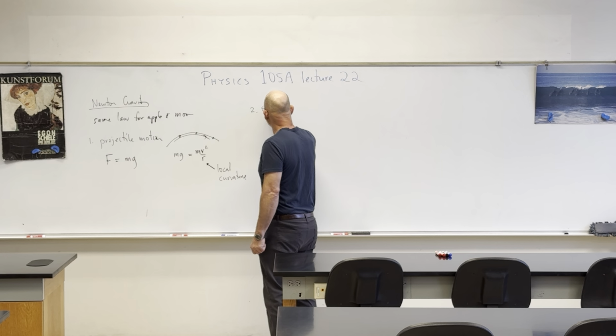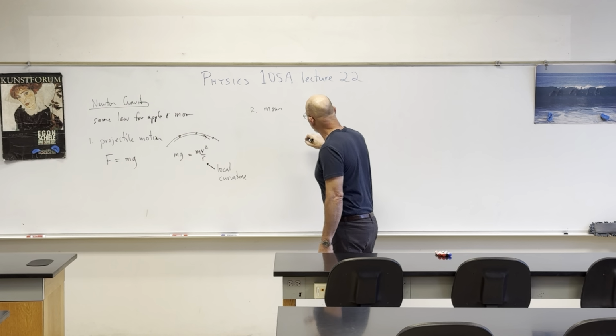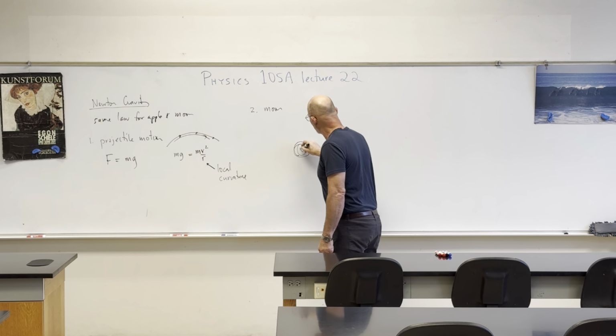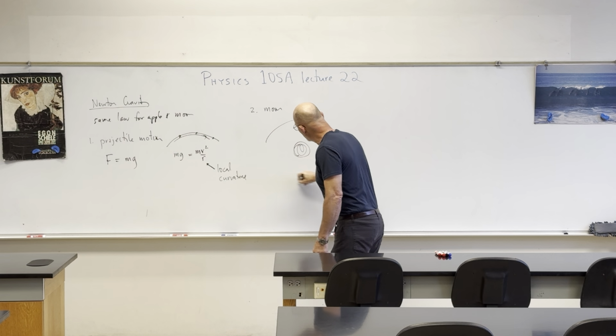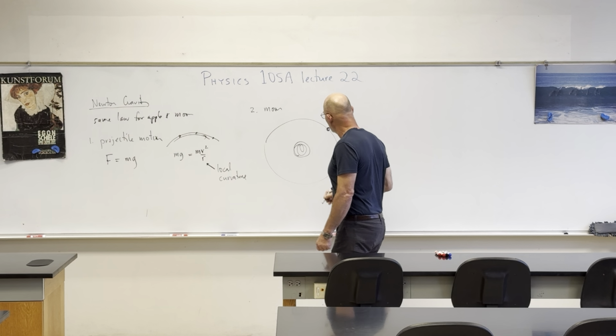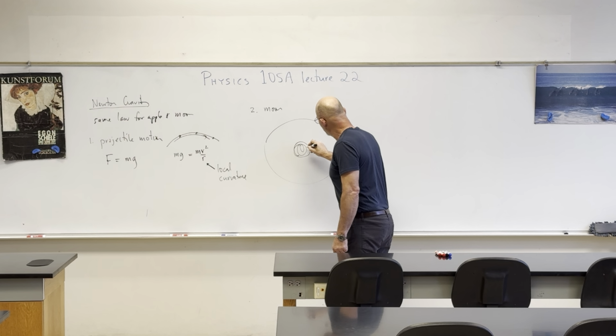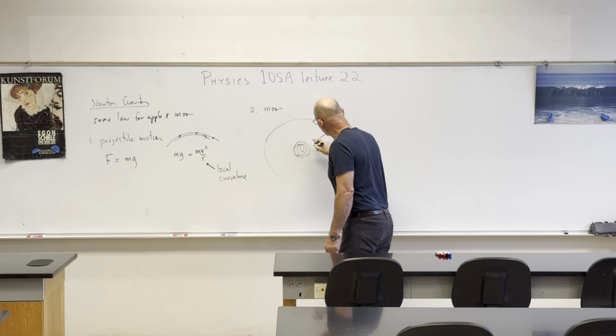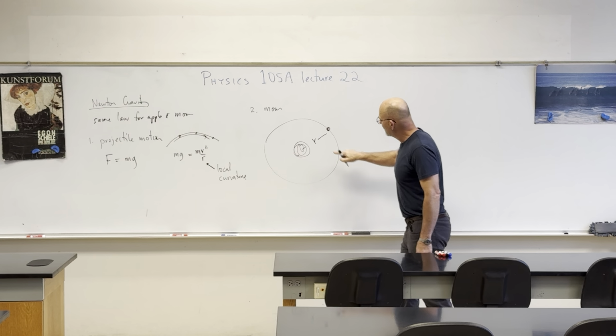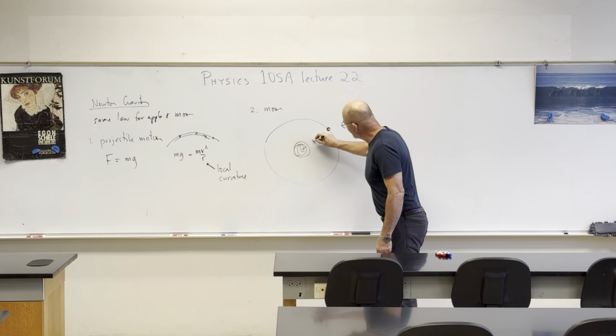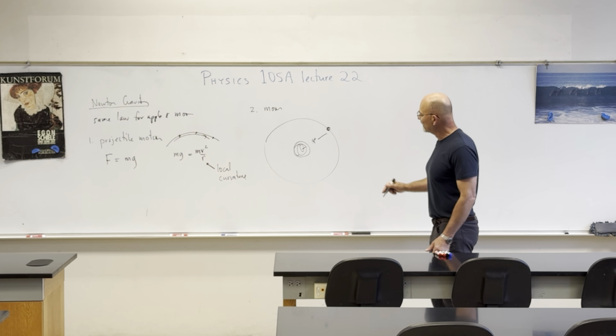And then if you're looking at the moon in the same way, something orbiting a central body, then if it's a circular orbit, the local curvature is r, the distance from the central body.